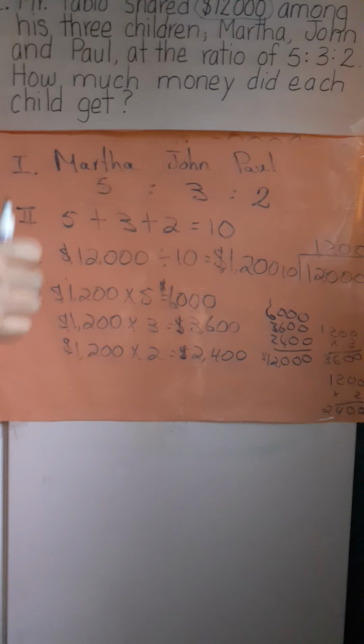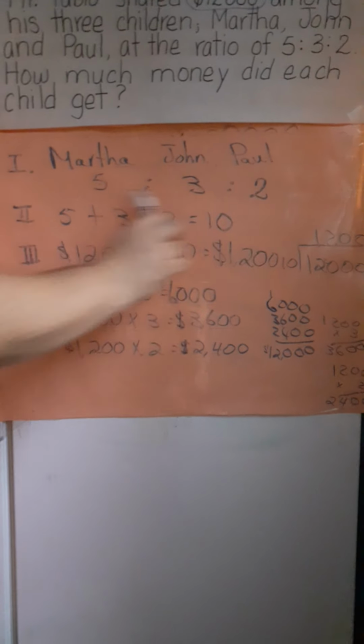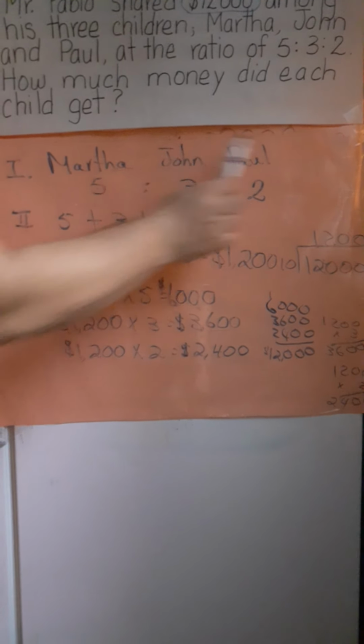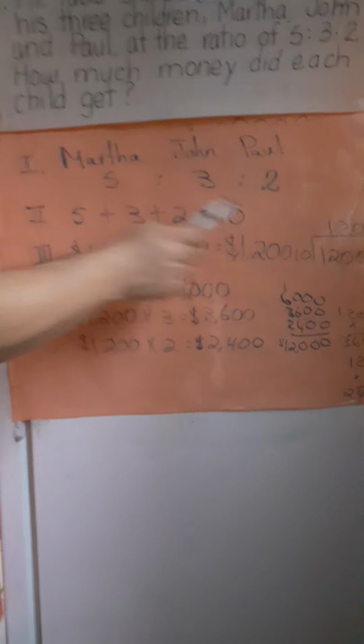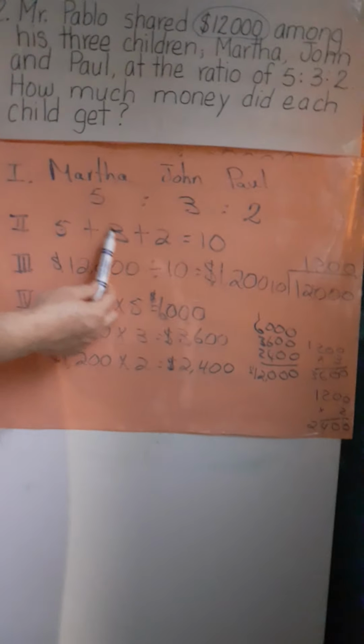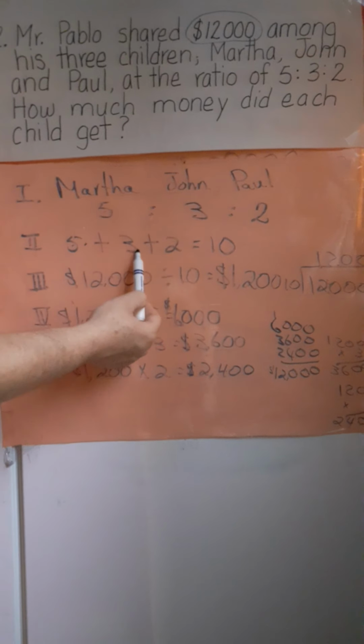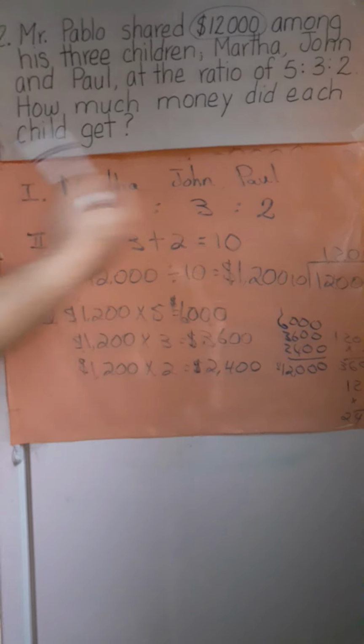Okay, so let me go over the first step. Write the ratio. Write the persons and the ratio along with this label. Second step, you add all the numbers in the ratio: 5 plus 3 plus 2, which gives you 10.